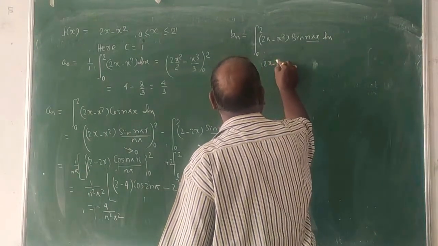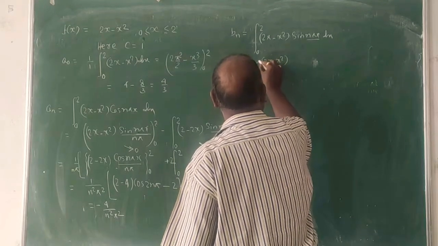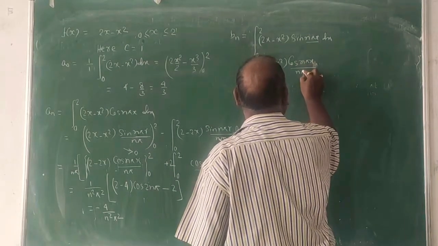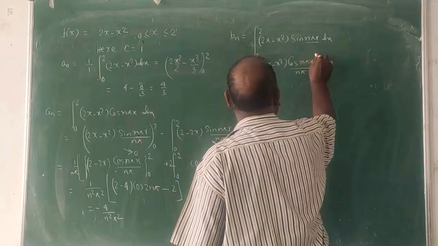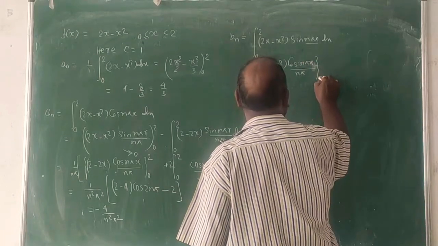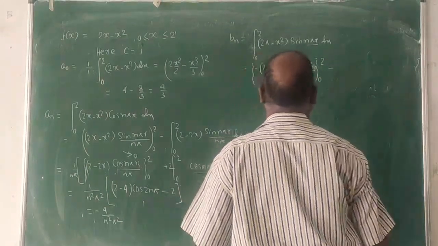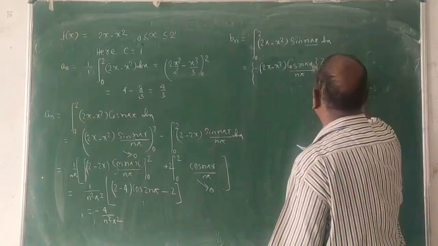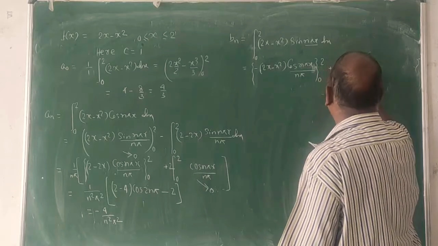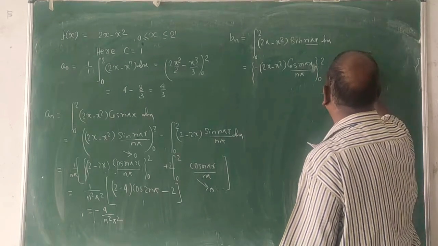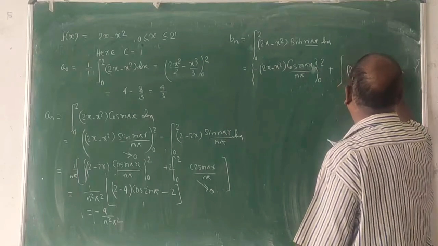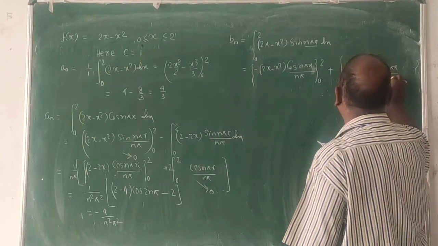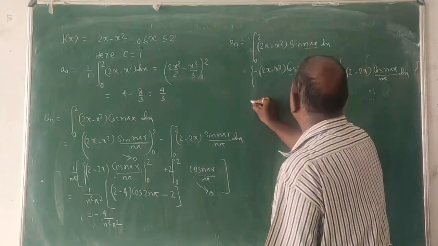This is 2x minus x square into v, sine integration is minus cos n pi x by n pi, range is 0 to 2, minus minus means this is plus, the derivative 2 minus 2x into cos of n pi x by n pi dx.